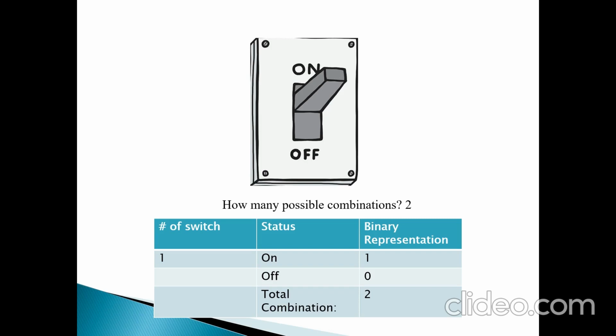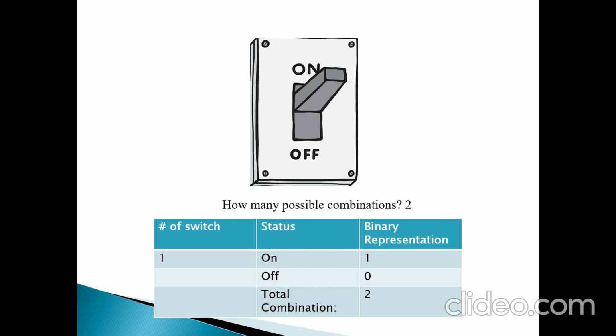And when it's turned off, the binary equivalent will be 0. So what is the total combination? The total combination is 2, because on and off are two possible combinations. The binary representation is 1 and 0.